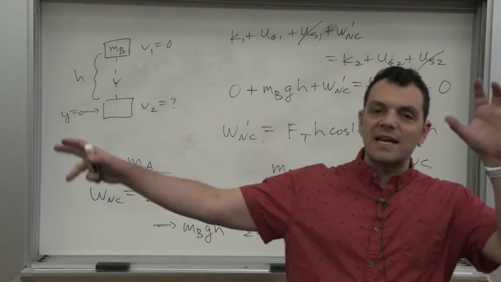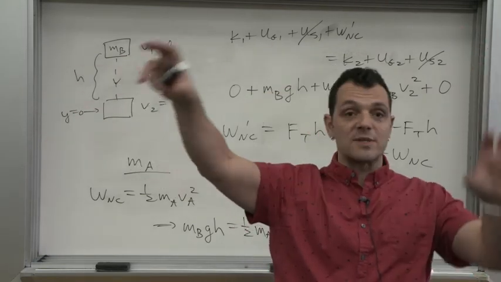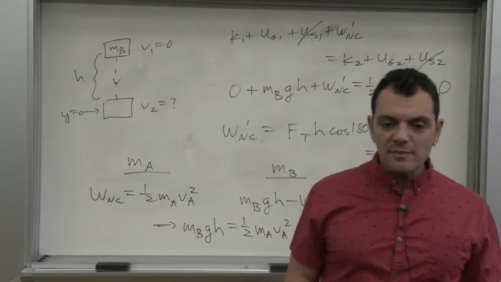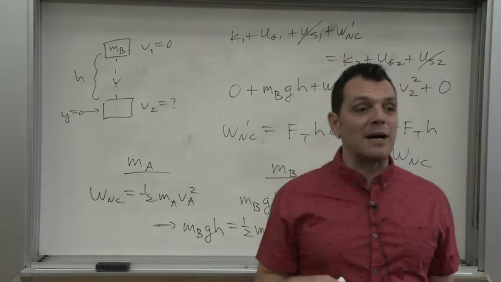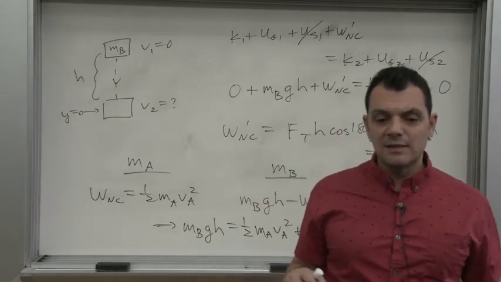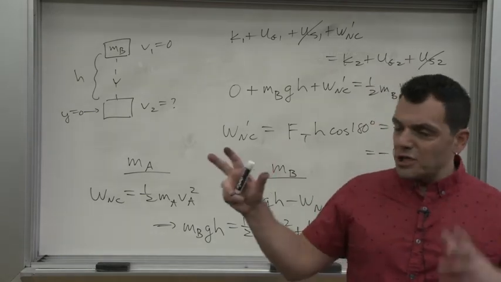When you have two masses connected by strings and one moves as a result of the other, then you don't have to worry about the work done by the tension on each of the masses.